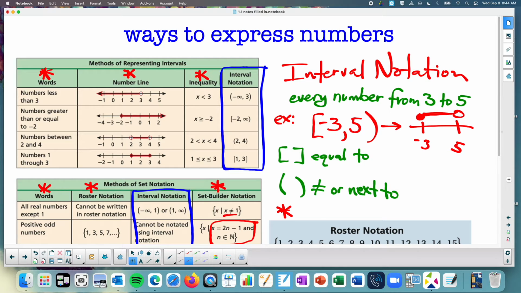And then the open circles would mean it doesn't go on the numbers, it just goes next to them. So then it's going to have parentheses on both spots. Same with the one below it, except it's a 1 and 3, but both spots are filled in, which means it includes or is equal to 1 and 3. So we've got brackets.